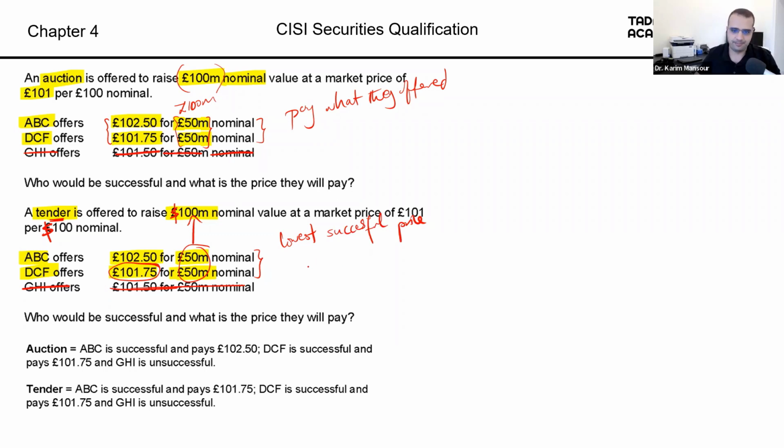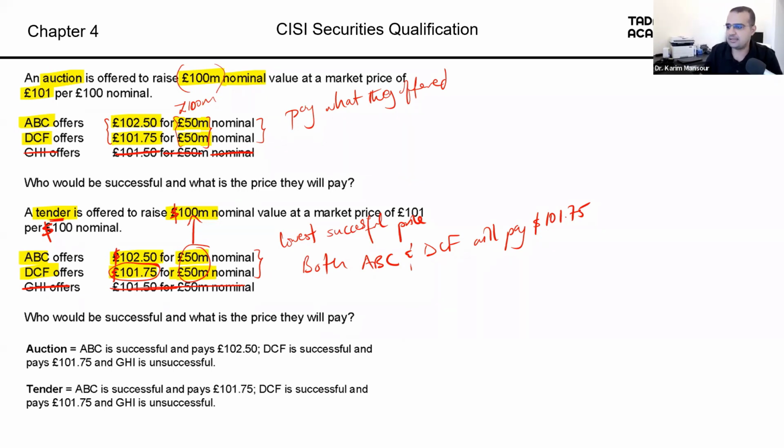So both ABC and DCF will pay 101.75. I'm changing it to dollars to remind you that this is the American style. This is what the US government uses when they're issuing their bonds.